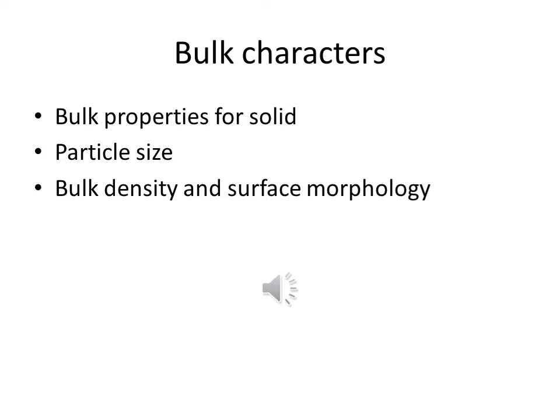Bulk properties for the solid form, such as particle size, bulk density, and surface morphology, are also likely to change during process development. Therefore, comprehensive characterization of all pre-formulation bulk lots is necessary to avoid misleading prediction of stability or solubility, which depend on a particular crystalline form.